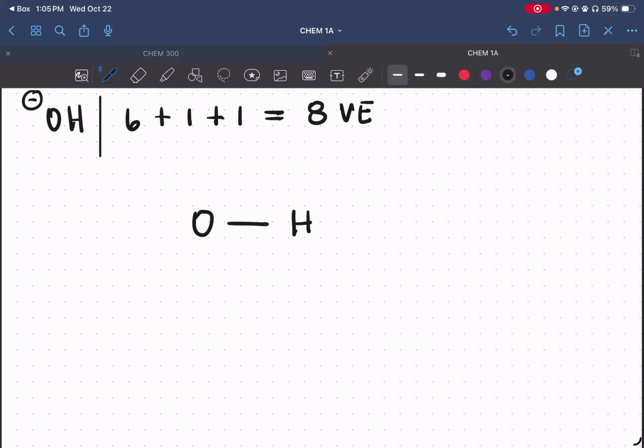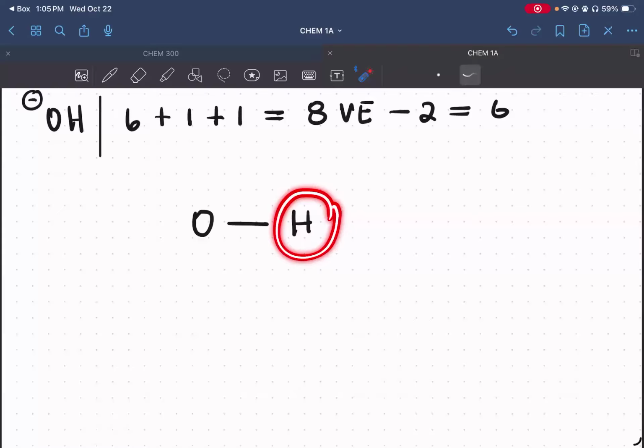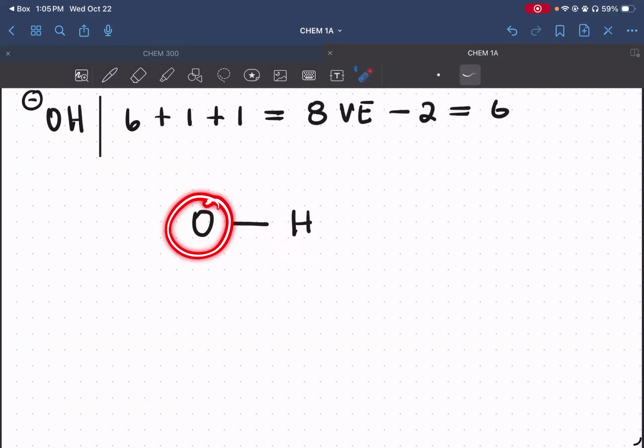We connect the 2. In doing so, we've explained away 2 electrons. We're left with 6. Now we're going to assign lone pairs, satisfying the octet. From the perspective of the hydrogen, hydrogen has 2 valence electrons. It's fine, it's happy. From the perspective of the oxygen, it has 2 valence electrons, but it's closer to a neon, so it needs 8.